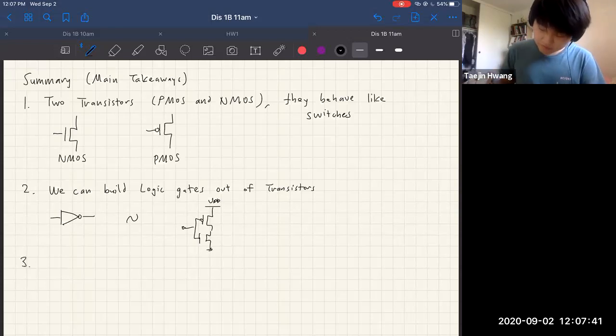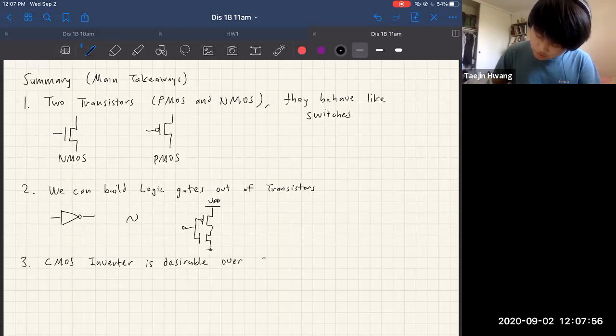And lastly, the CMOS inverter is desirable over single NMOS, and I didn't have enough time to talk about this in full.